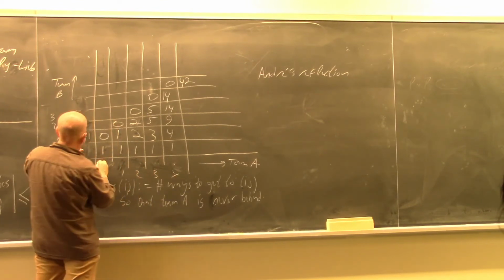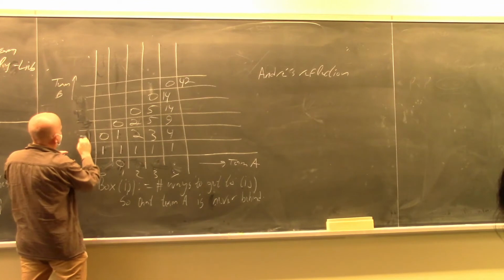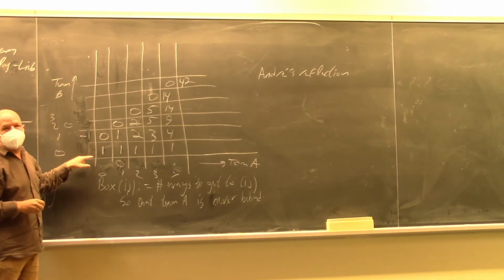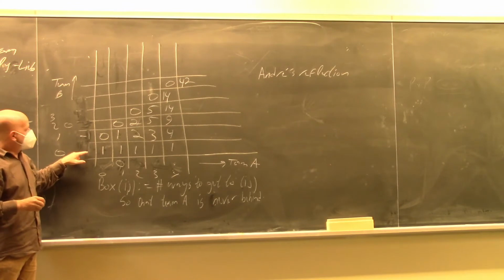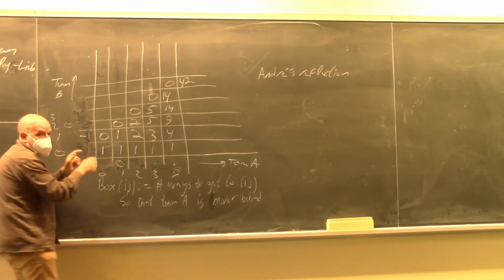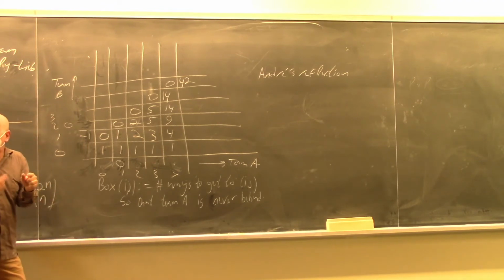And I'll just put zeros other than at this -1. Okay? Now the rule continues, and now I can use the rule on both sides.